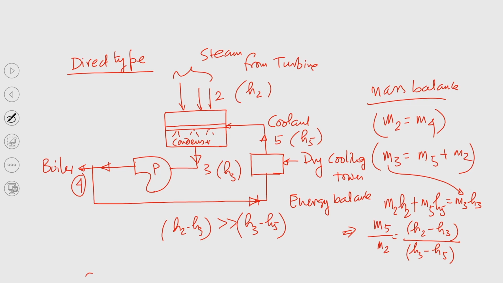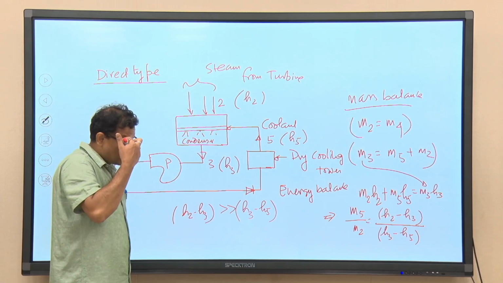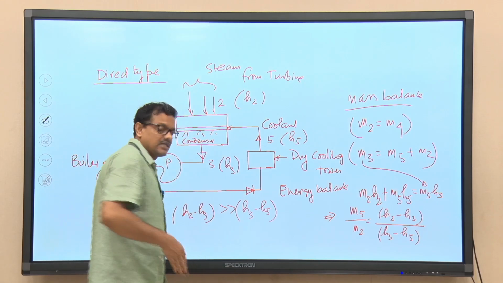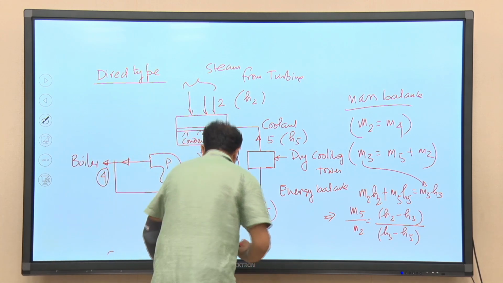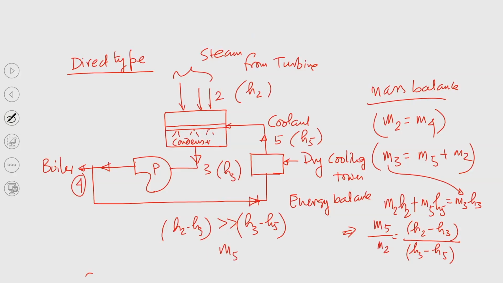So, if we try to have efficient cooling, essentially to allow the system to run smoothly, m 5 will be much larger than the steam flow rate. So, the mass flow rate of coolant will be much higher than the steam flow rate.